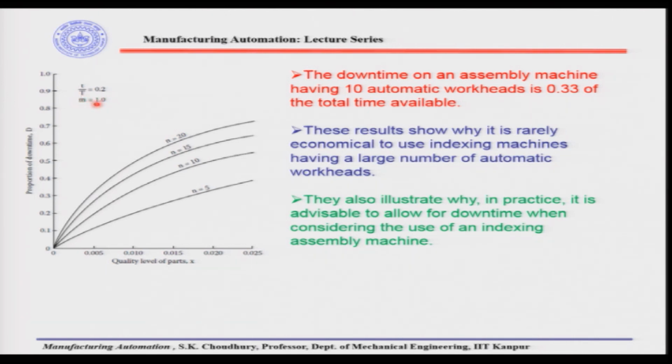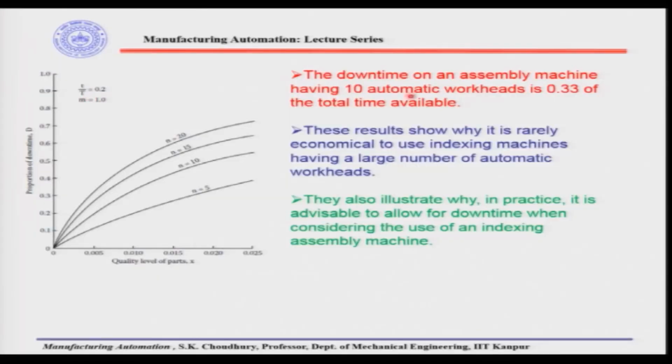That means all defective parts going into the machine stop the machine, that is m equal to 1, as I said to you. Now, for an assembly machine with 10 workheads, it is 0.33, somewhere here, let us say.